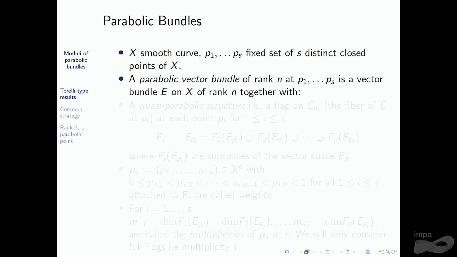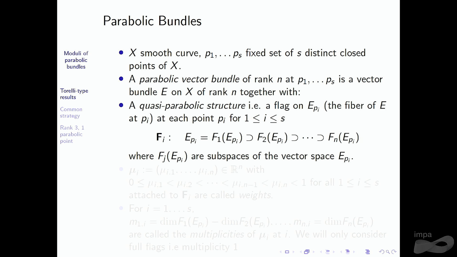But then again, what you have additionally is a quasi-parabolic structure. OK, so what is a quasi-parabolic structure? This is a flag. So on each of these points that I specified, P1, P2, P3, and so on, I can look at the fiber of the vector bundle at that point. I have that as E_{P_i}, yes? And then this is a vector space.